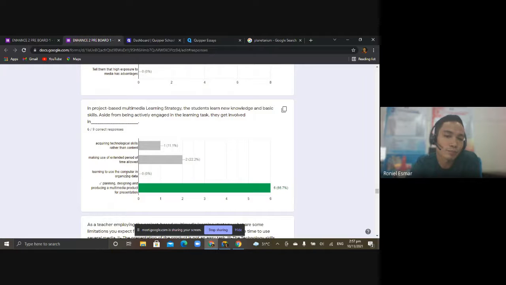No. In organizing a given data already. No, wala na siya nag-involve og any form, any type of learning. Just for as long as you're able to organize the given data. No, wala na siya yung necessary knowledge and basic skills nga na-involve. No, in making use of this multimedia o thing.